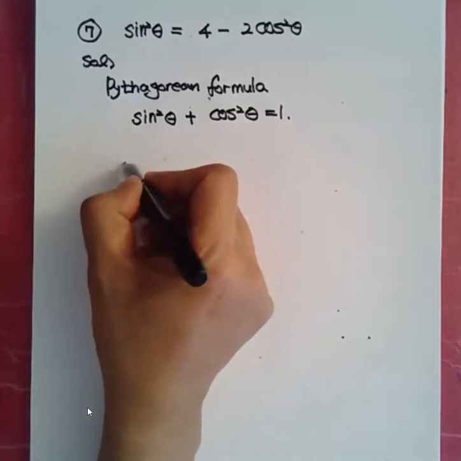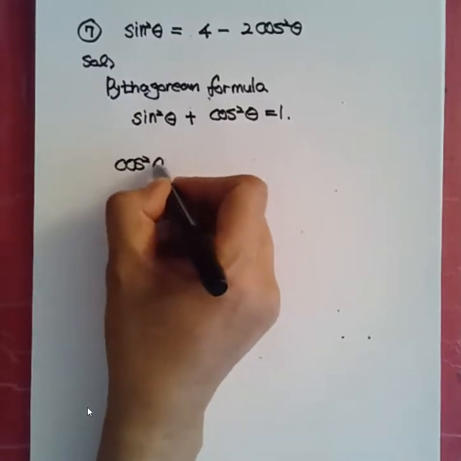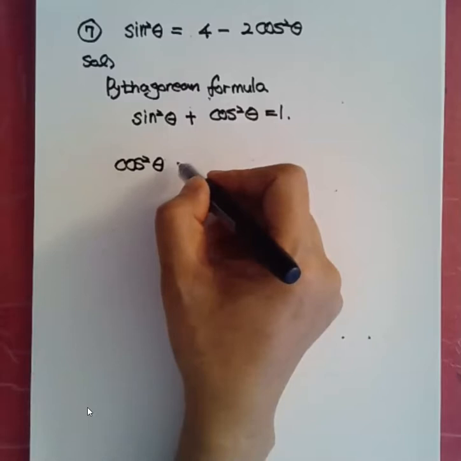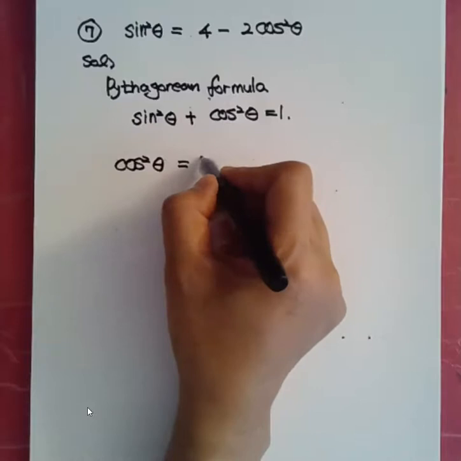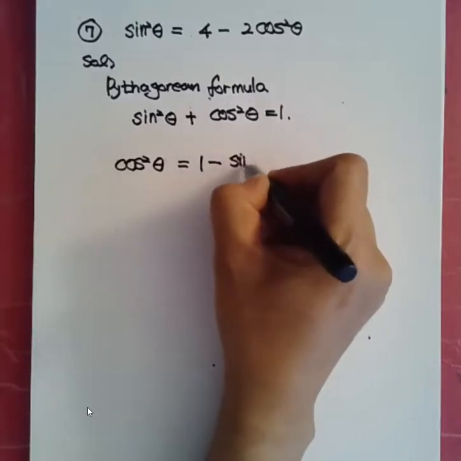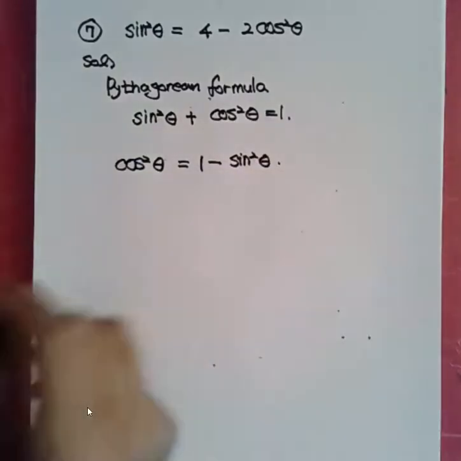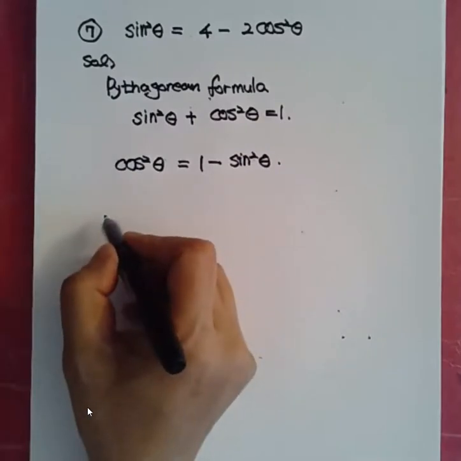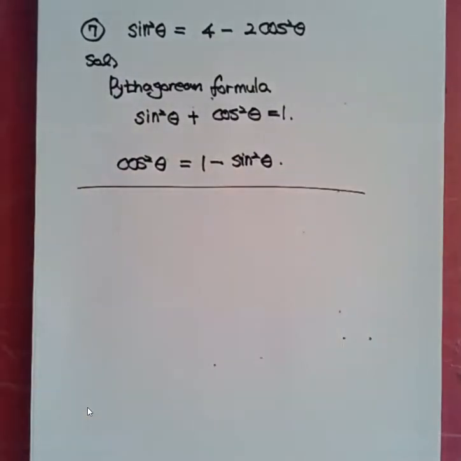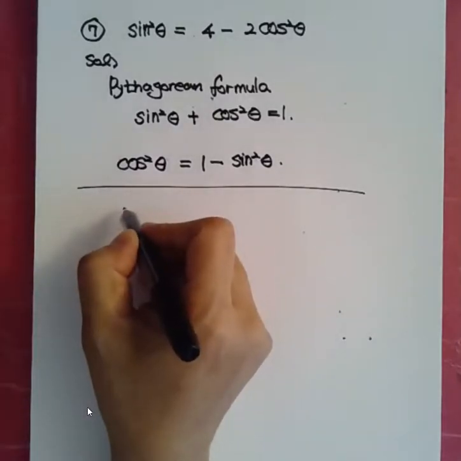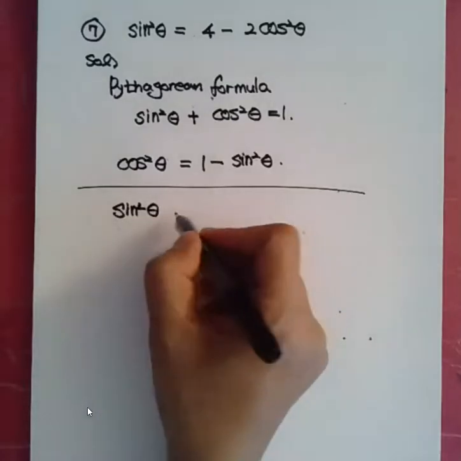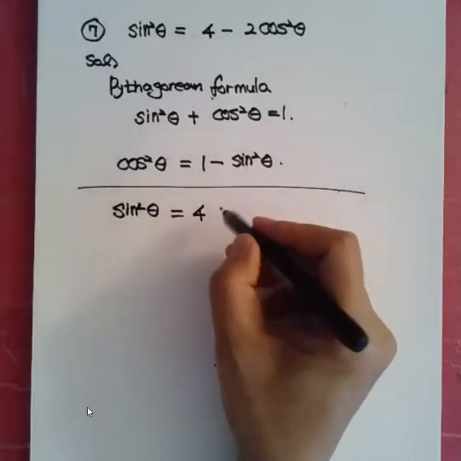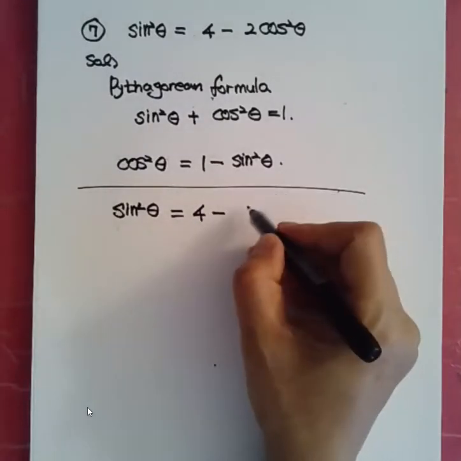Let's choose to convert the equation into the equation of sines. To do that, we solve for cosine squared, then we have 1 minus sine squared of theta. To convert the equation into the equation of sine functions, we will replace cosine squared by 1 minus sine squared.